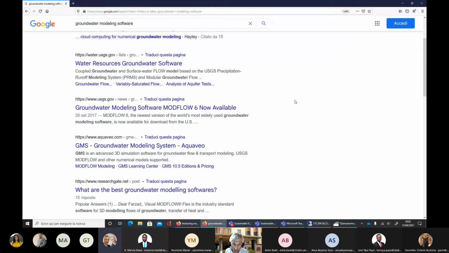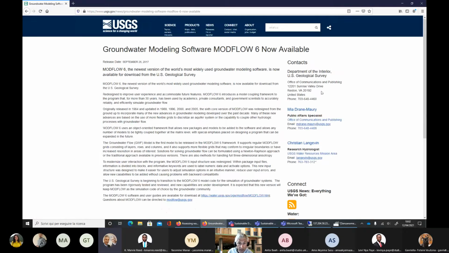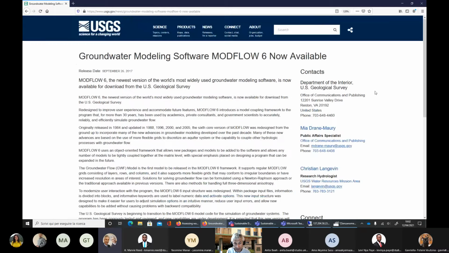And there is a particular model that I want to show you, which is widely used all over the world precisely for studying the sustainability of water withdrawal from aquifers. And this model is ModFlow. I just clicked on the link. This is a model that is freely available.